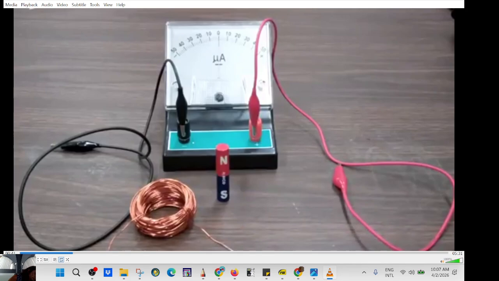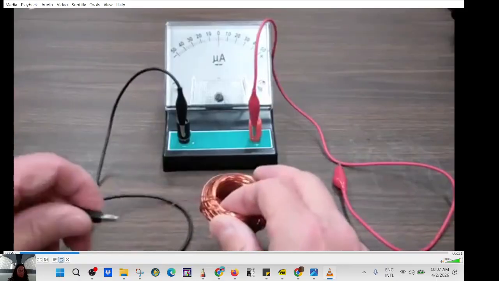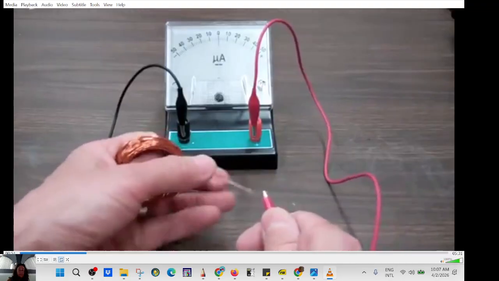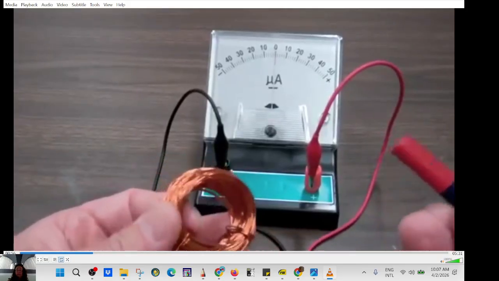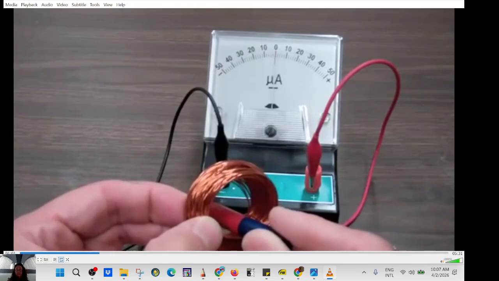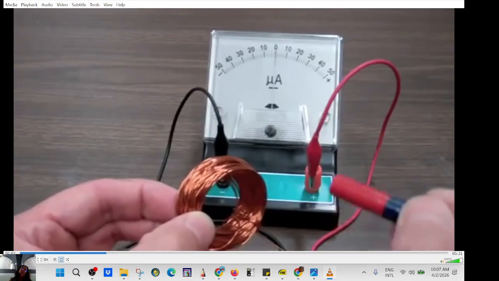I will first connect the 100 turn coil to the ammeter. And I'm now going to take the magnet, and notice as I move it towards the coil, I get a pulse of current in the positive direction, and when I pull it out, there's a pulse in the minus direction.